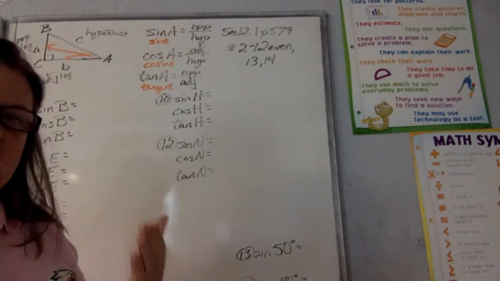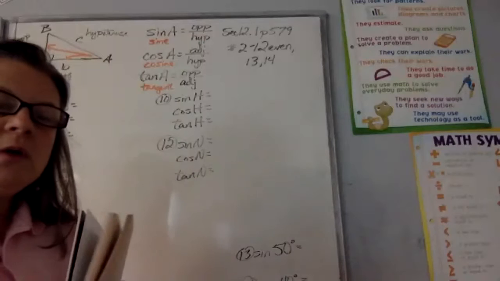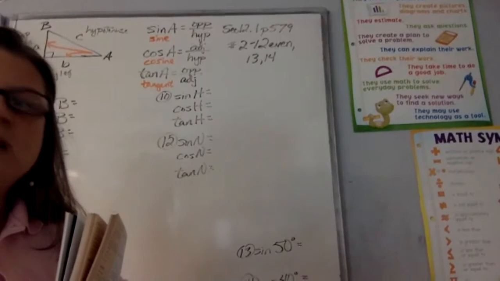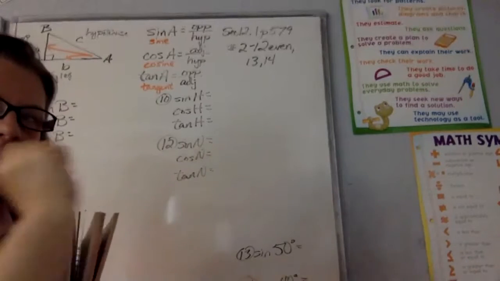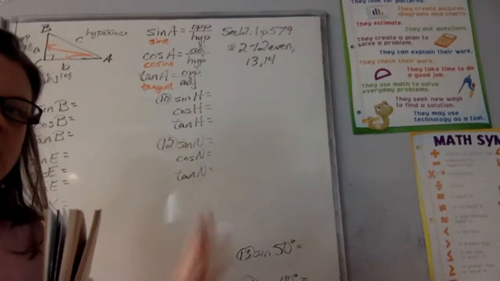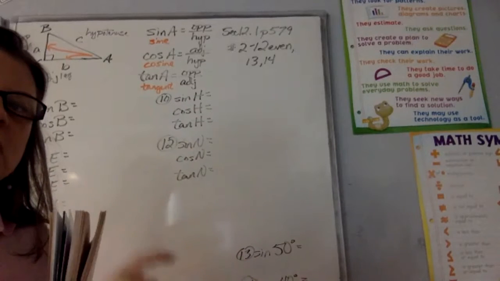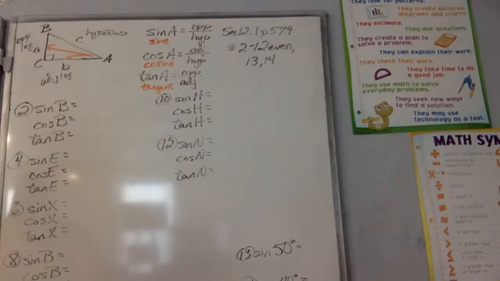Exact value is the fraction, because most of the time, if you do it as a decimal, it's not an exact value. It ends up being a decimal that goes on forever, and you have to round it off. So that's why that's not the exact value. Leaving it as the fraction is the exact value.